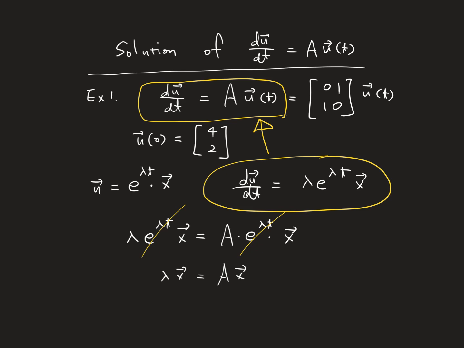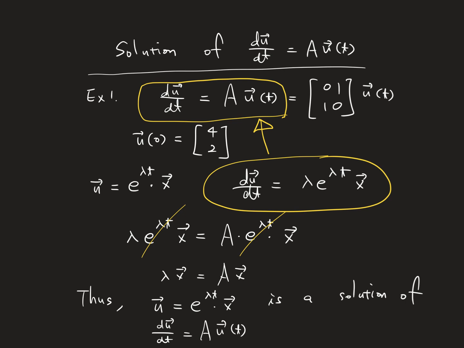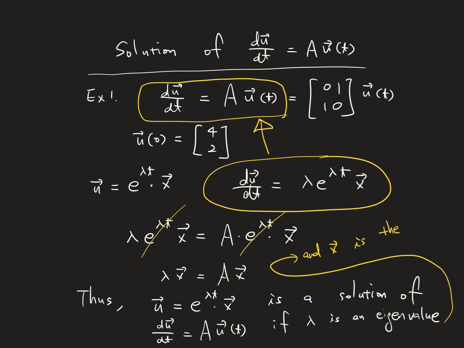So we can see that e^(λt) times the vector x is a solution of the differential equation du/dt equals A times u(t), if λ is an eigenvalue and x is the corresponding eigenvector.